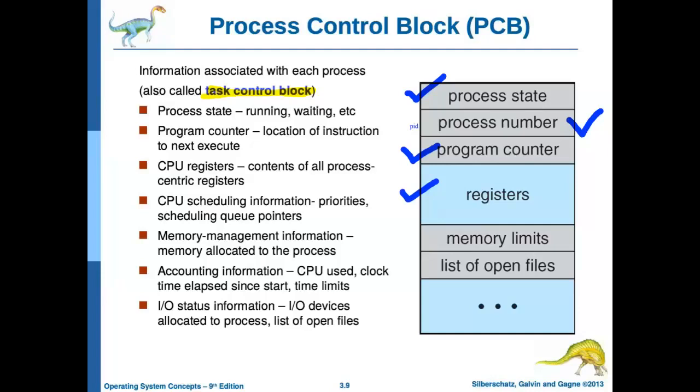Now suppose P2 is finished, so P1, P3, P4, P5, P1, it is something like that. So you need to keep track in the scheduling queue by means of pointers. Okay, so that is one more thing. Next is the memory management information, especially memory limit.